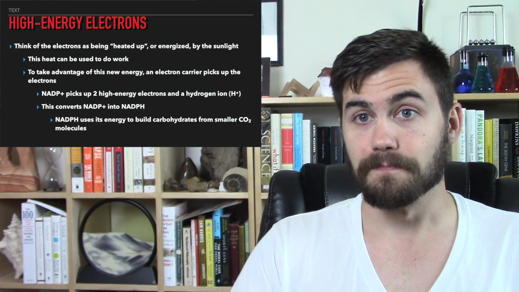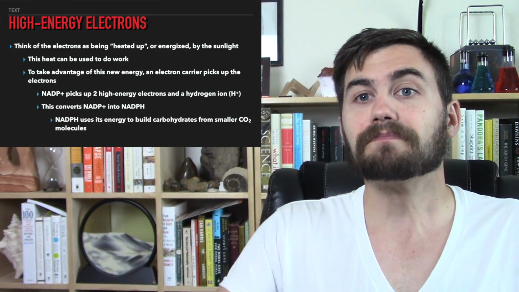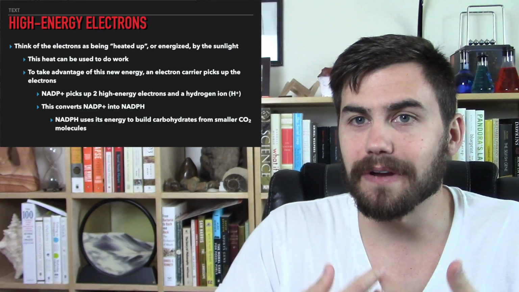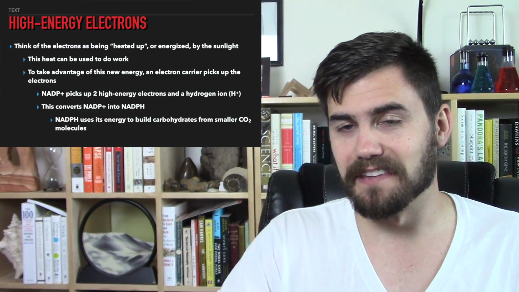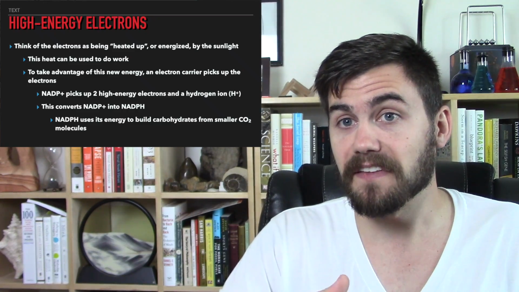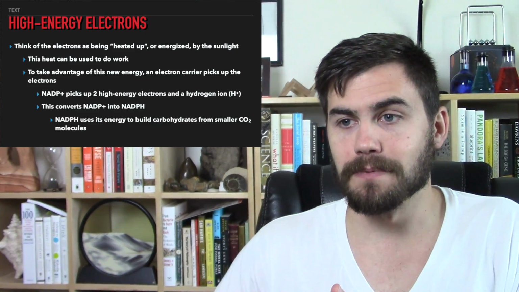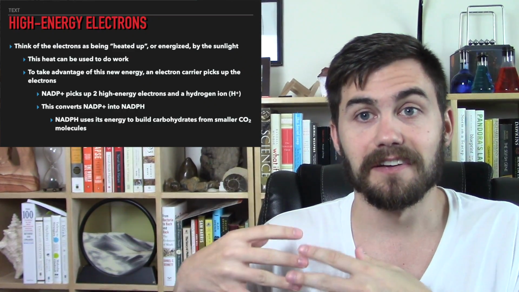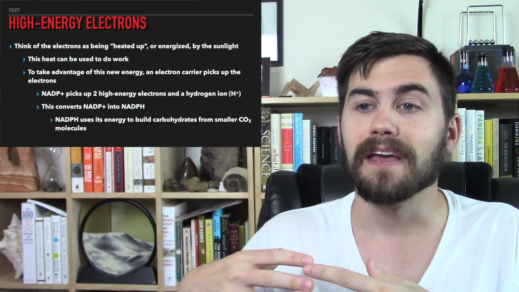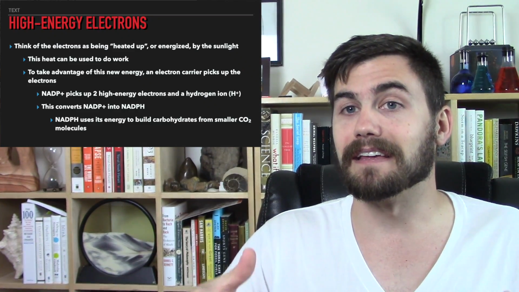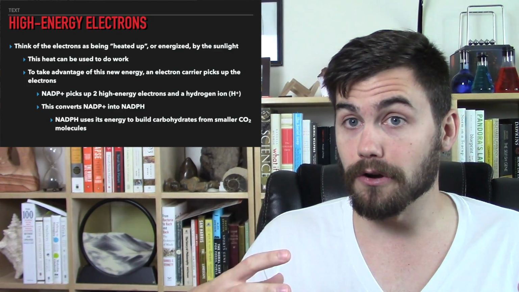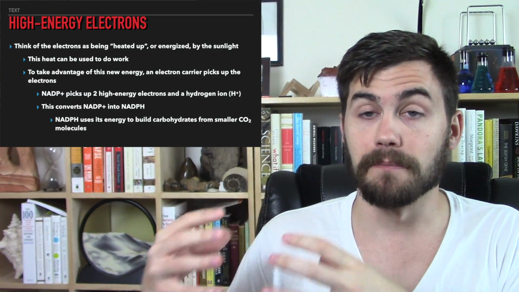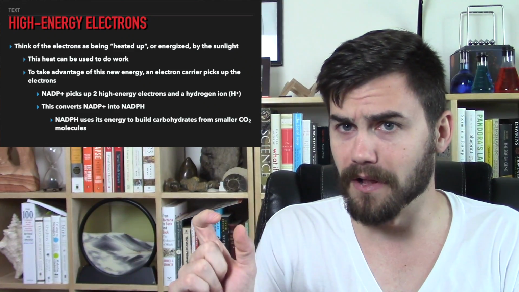This molecule, the electron carrier, basically transfers the energy absorbed by electrons and hydrogen ions from sunlight: we add that absorbed energy to NADP+ and turn it into NADPH. NADPH is a molecule that helps to synthesize larger carbon molecules from CO2. CO2 is a really small molecule.